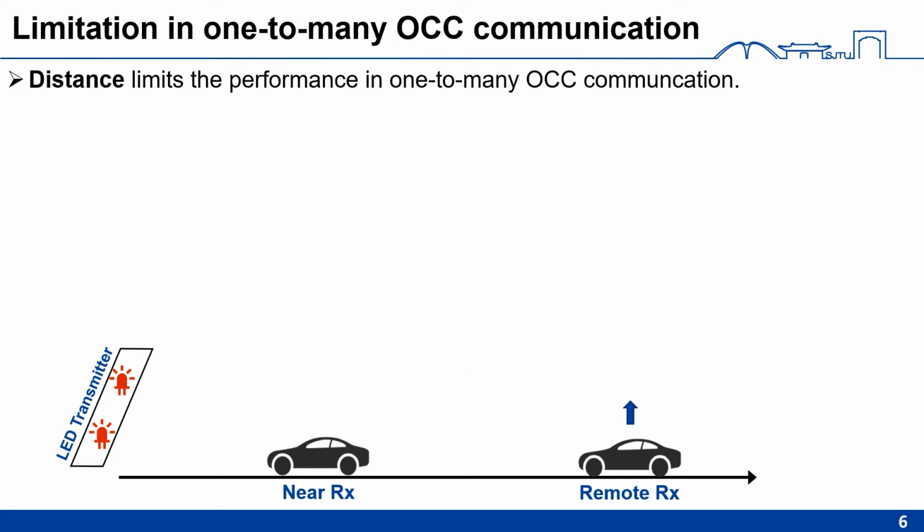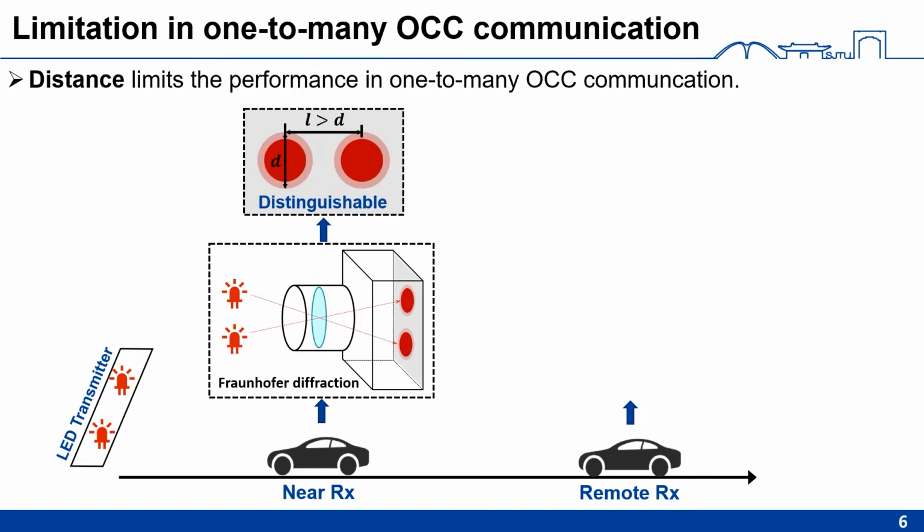However, in the one-to-many OCC communication scenario, distance becomes a major limitation on the system performance. For example, a V2I communication system uses the LEDs of a traffic light to send messages. A near receiver can spatially distinguish the individual LEDs, because the light spots formed by the two LEDs on the sensor array do not overlap.